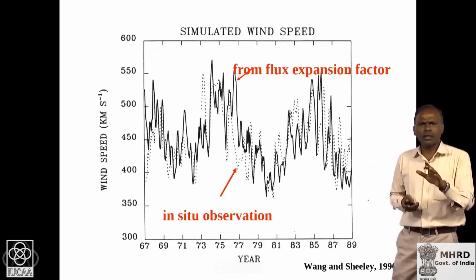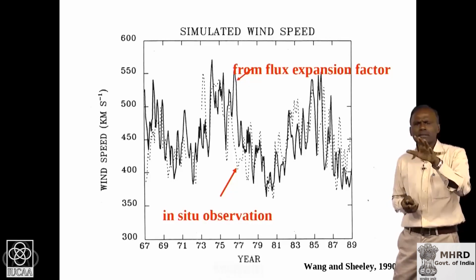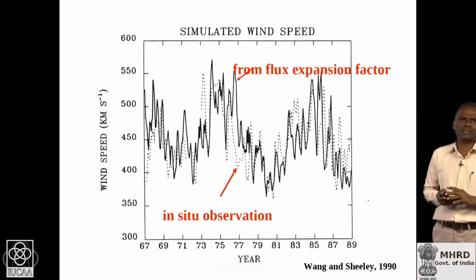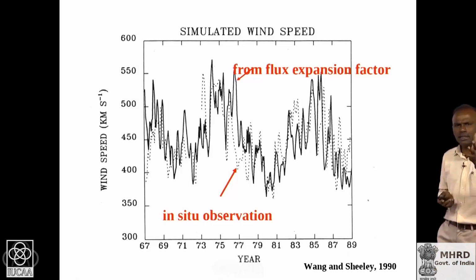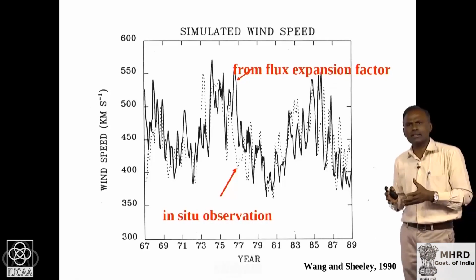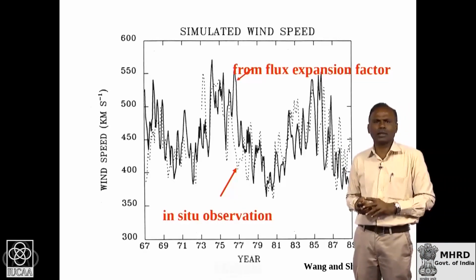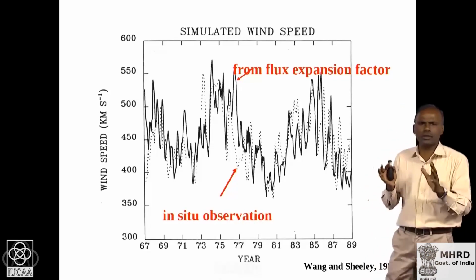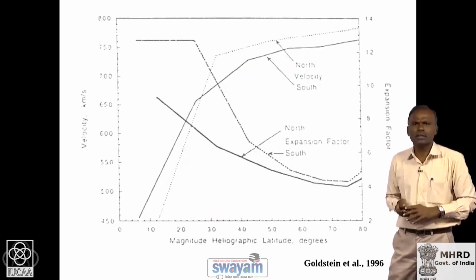We can see the dotted lines are the in situ measurement, and the continuous line shows the expansion factor corresponding to the in situ observation. You can see the expansion factor and the solar wind speed follow a one to one correspondence. So, it gives a clue that the expansion factor plays a major role.